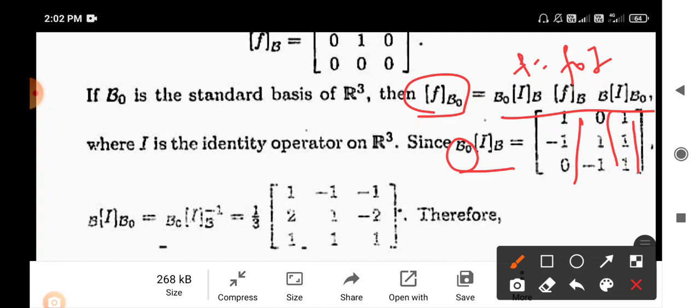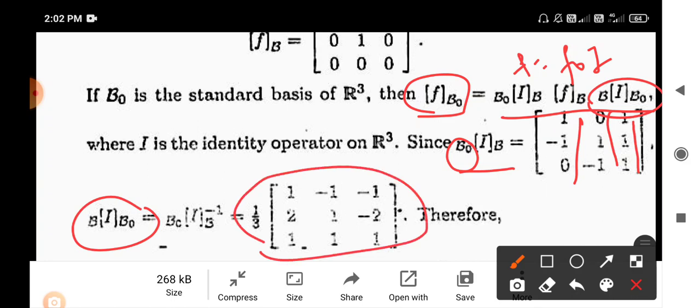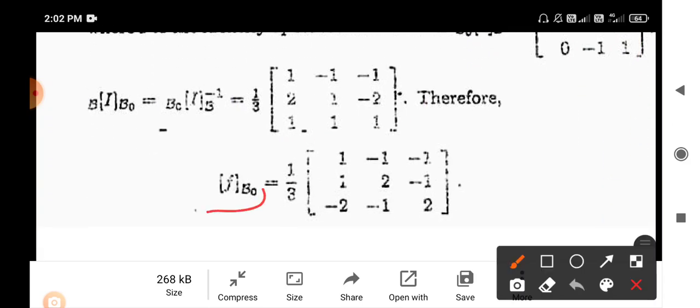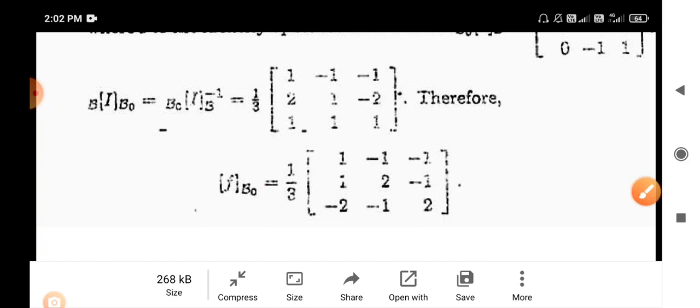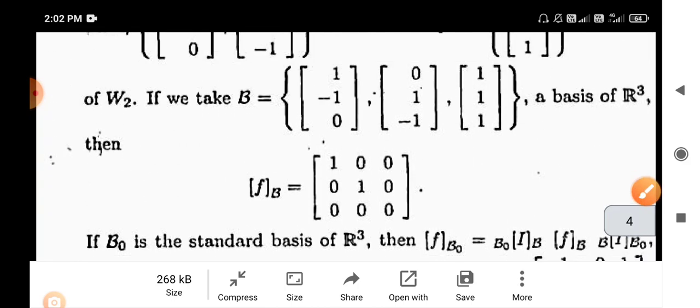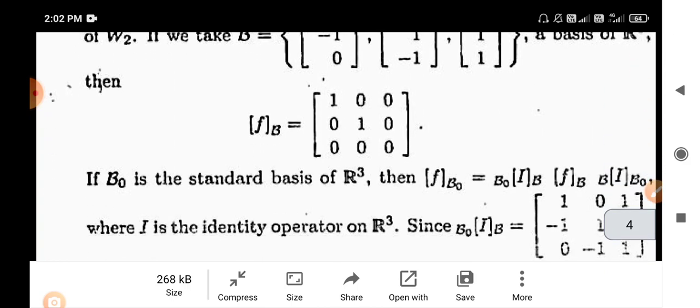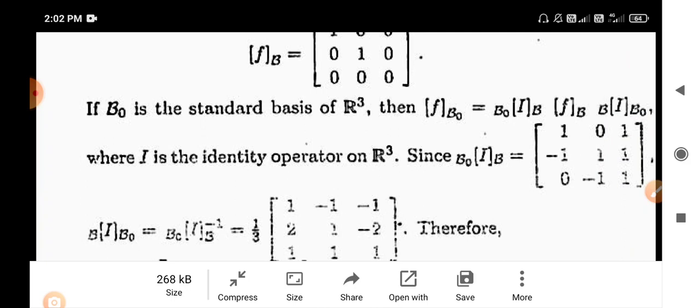In the same way we can find this matrix representation, this one is this, and write down its product. We get the matrix of representation corresponding to B naught. It is this one, 1 by 3, (1, -1, -1), (1, 2, -1), (-2, -1, 2). So this satisfies the corresponding relationship, and we get a matrix of representation corresponding to basis B, and another matrix of representation corresponding to the standard basis B naught.